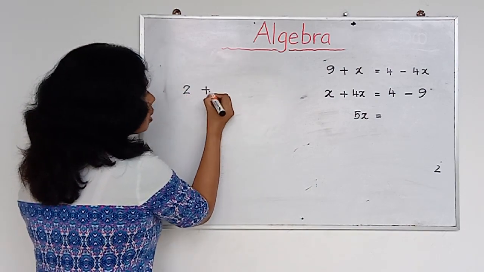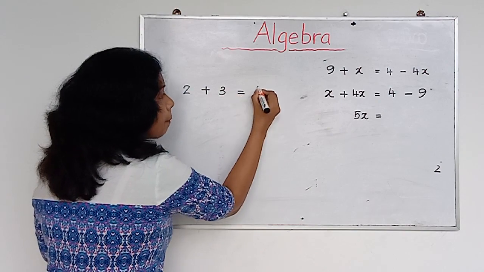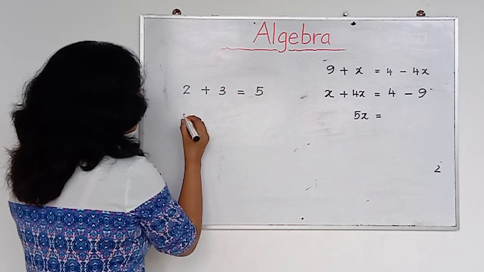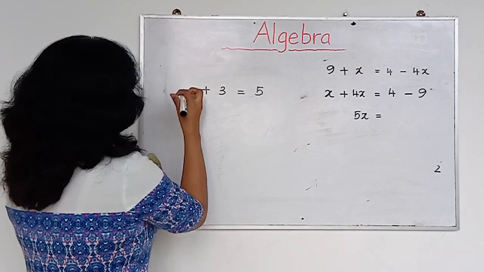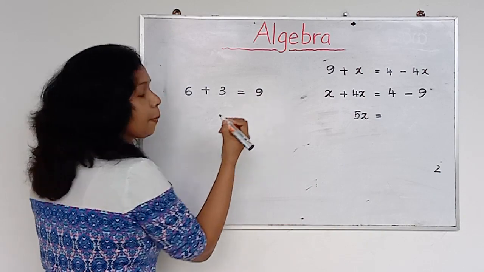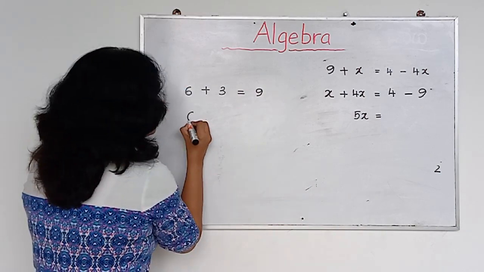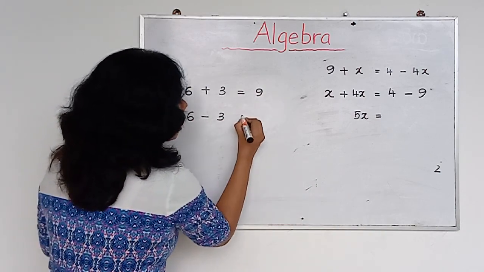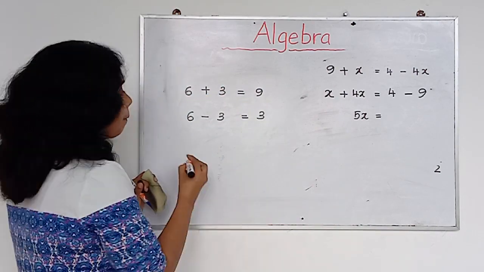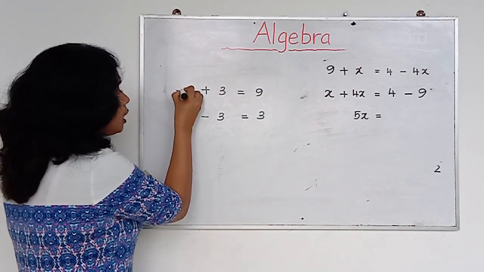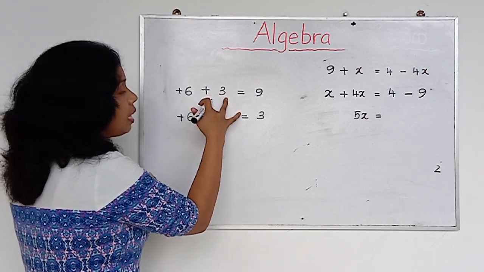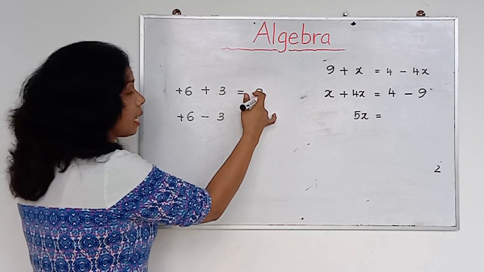2 plus 3, what is the answer? 5, right? Then 6 plus 3, what is the answer? It is 9. Okay? 6 minus 3, what is the answer? 3. Now tell me, actually this is plus 6 plus 3, plus 9.